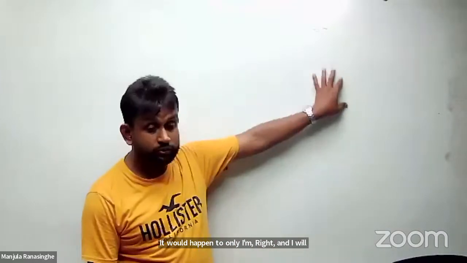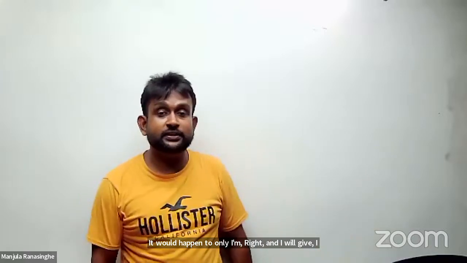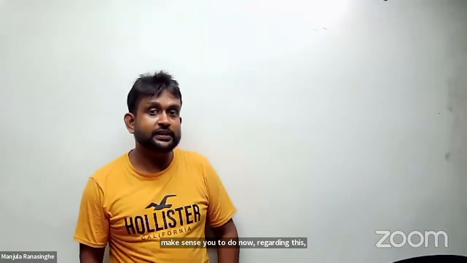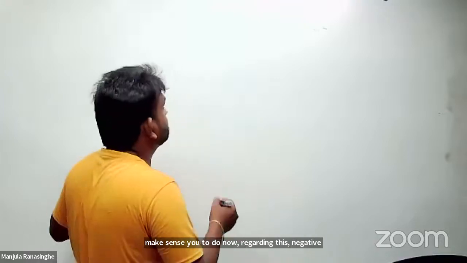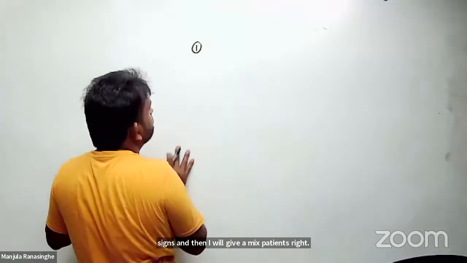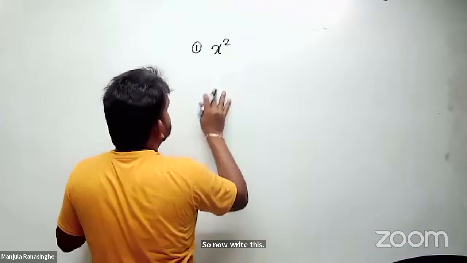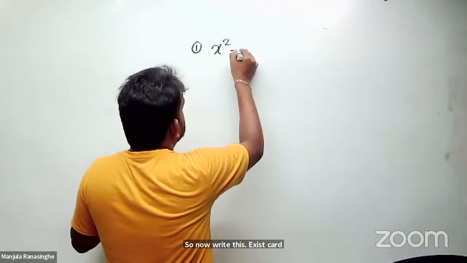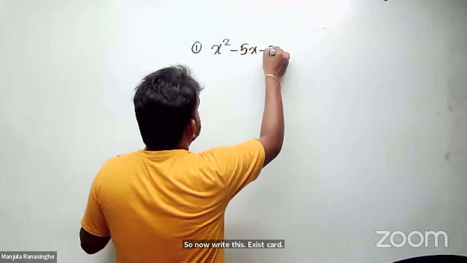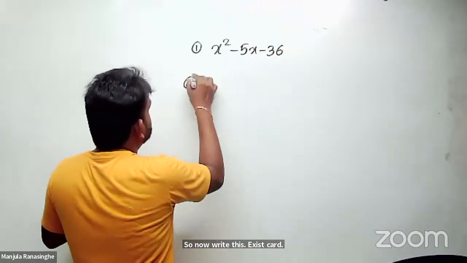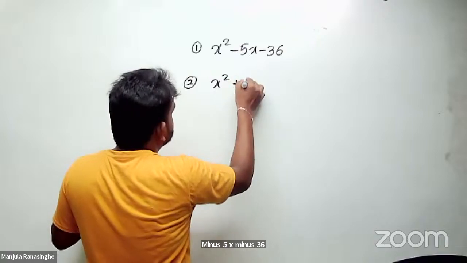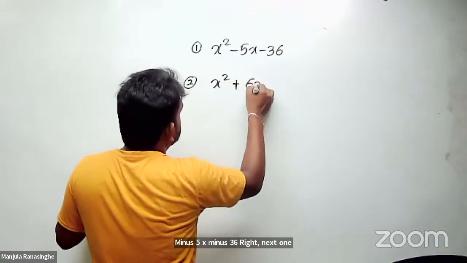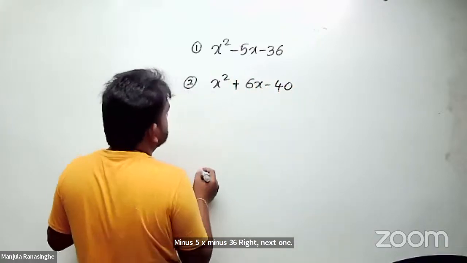Now I will give 5 questions for you to do regarding these negative signs, and then I will give mixed questions. Right. So now write this: x squared minus 5x minus 36. Right. Next one: x squared minus 40.